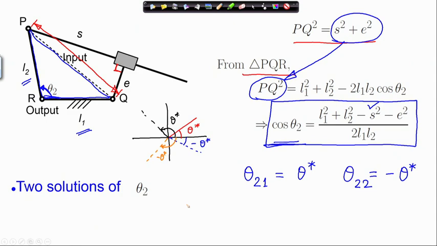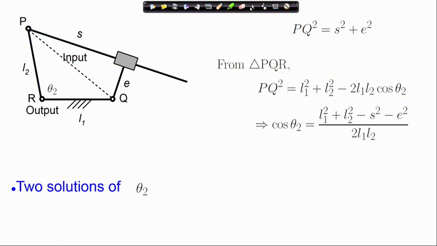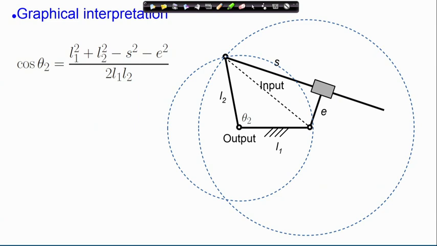So, let us look at these solutions graphically, let us understand them. So, I have this chain in which S is known.